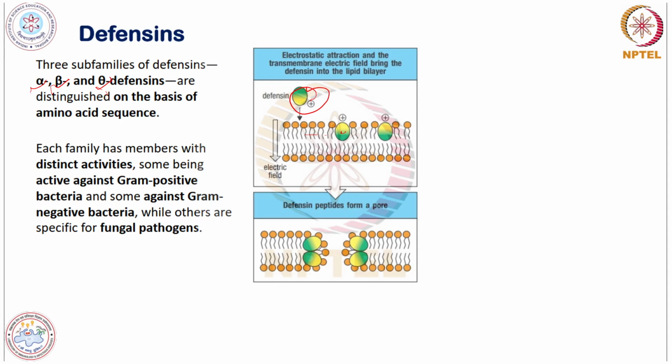Like we know that bacterial membranes are negatively charged, and defensin molecules are positively charged. So by this, they will try to enter inside this negatively charged membrane and they will create pores or holes in the membrane. If the bacterial membrane has pores, then the pathogen cannot survive, so it will kill them.